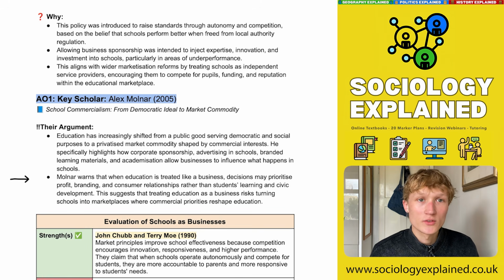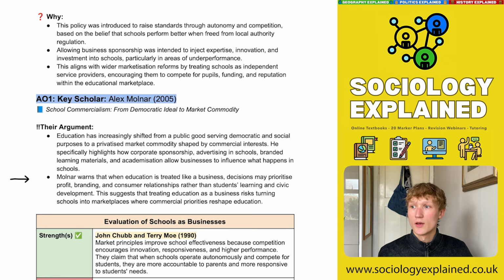So he says that when schools are increasingly serving businesses, they may favour things that are about profit, branding and relationships with business, even if that doesn't advantage the students themselves. So this risks turning schools into businesses and not institutions designed to help young people.